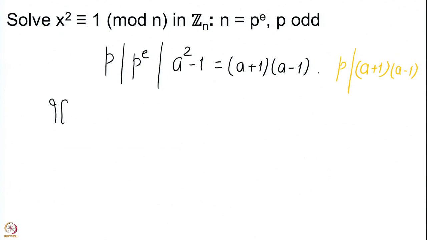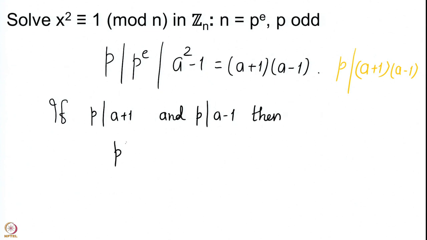However, if p divides a plus 1 and p divides a minus 1, then p will have to divide the difference, which is a plus 1 minus a minus 1. As you see, this difference is 2, a will get cancelled, 1 minus minus becomes plus, 1 plus 1 is 2, but this is a contradiction.